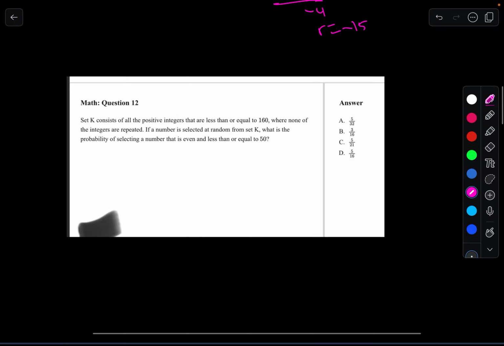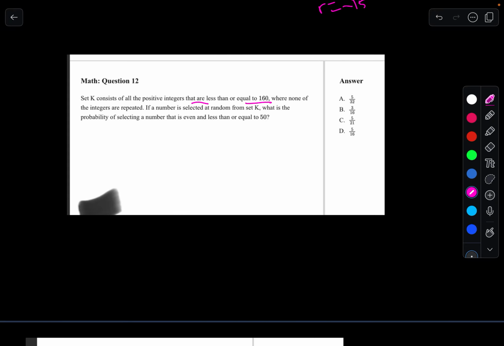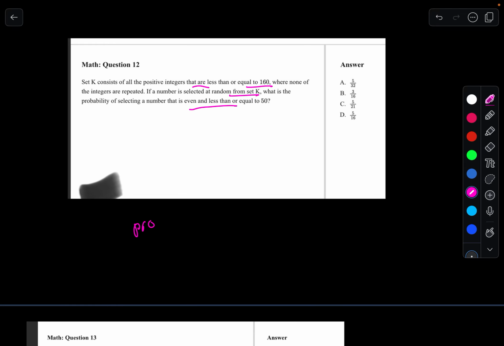So set K is all positive integers less than or equal to 160, where none of the integers are repeated. All right, so for probability, you need to use the probability formula that is equal to number of favorable outcomes over number of total outcomes.